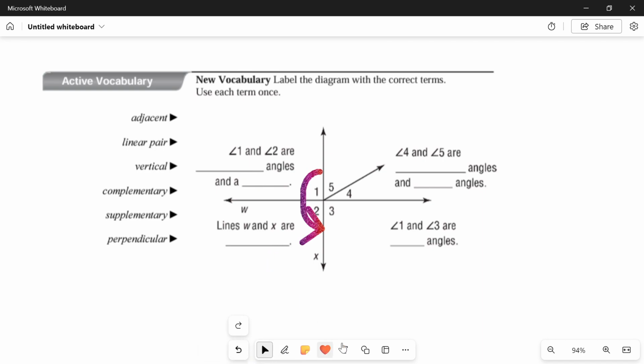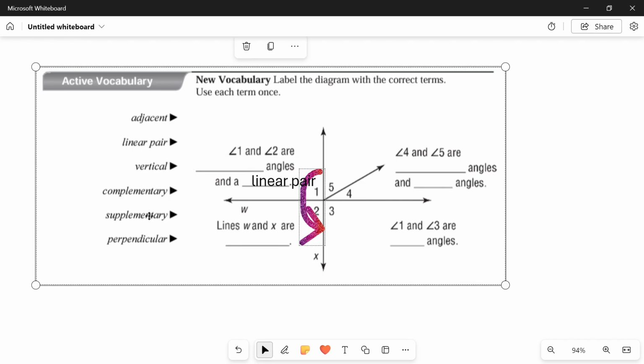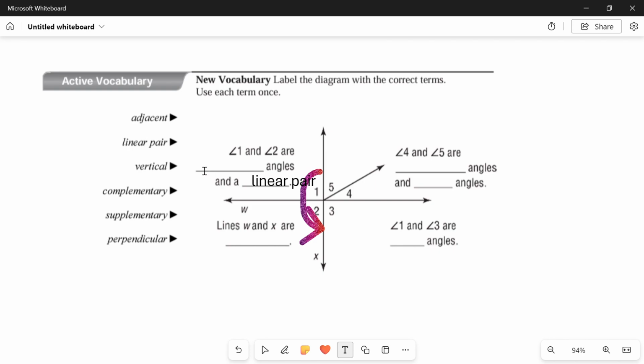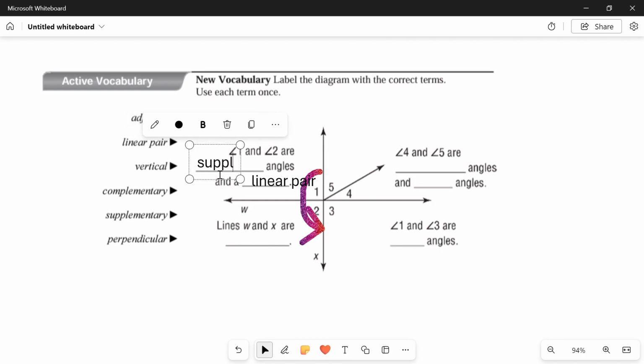Okay, so what I would do is I would call these two a linear pair, right? And they are supplementary, okay? In other words, they add up to 180 degrees. That's what the word supplementary means.